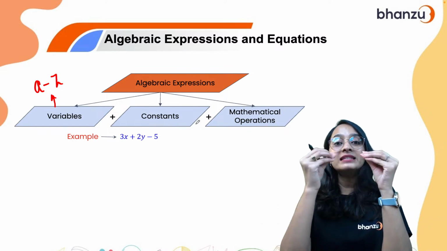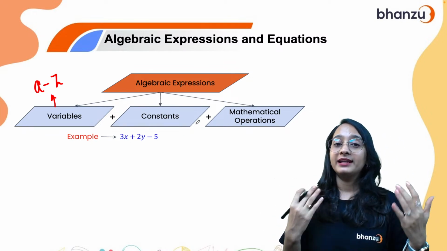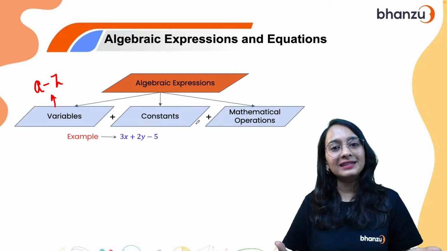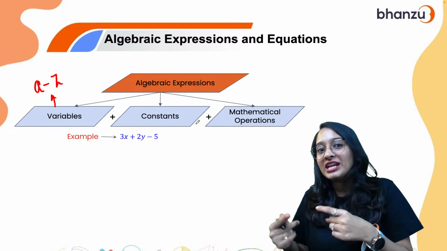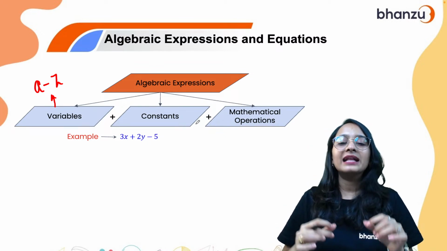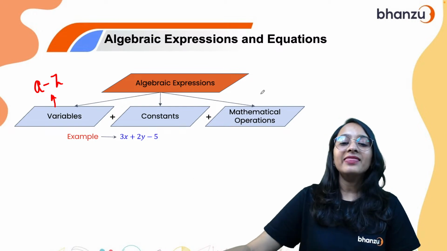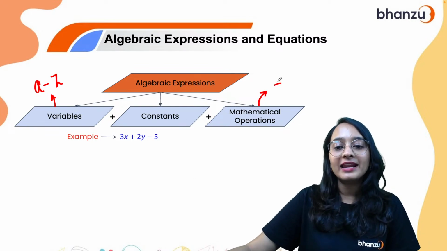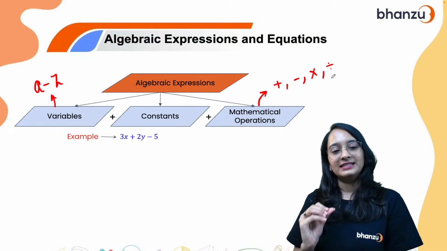So the value is just fixed. Now if I say I have x number of chocolates, that x can be 2, it can be 3, it can be 4, it can be any number. So something which keeps changing is a variable, and something which is fixed is called a constant. And then the mathematical operators are addition, subtraction, multiplication and division.